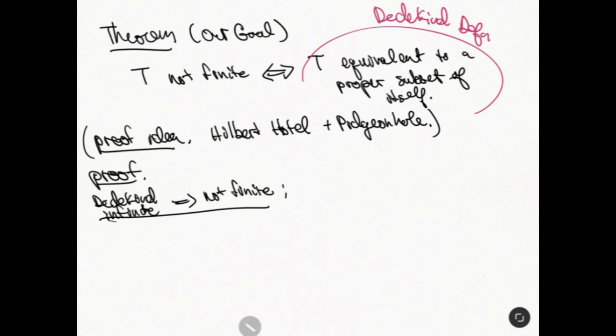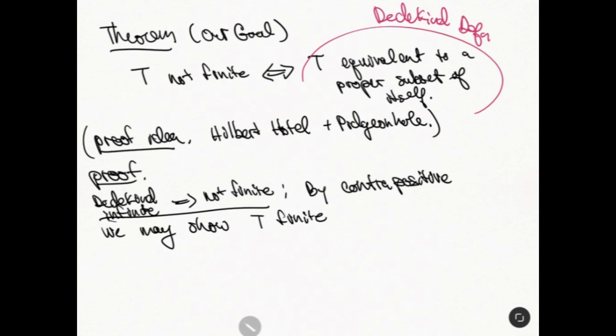By the contrapositive, we can show that if T is finite... The contrapositive is when you take p implies q is equivalent to not q implies not p.